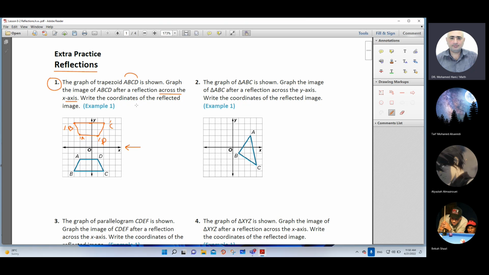Now, write the coordinates of the reflected image. And here, the rule: if you have the point (x, y) and we have the reflection across the x-axis, it means keep the same x and take the opposite y. What is the A coordinate?